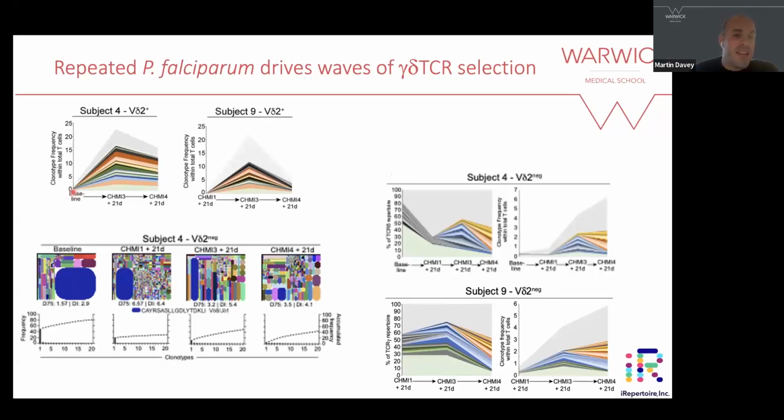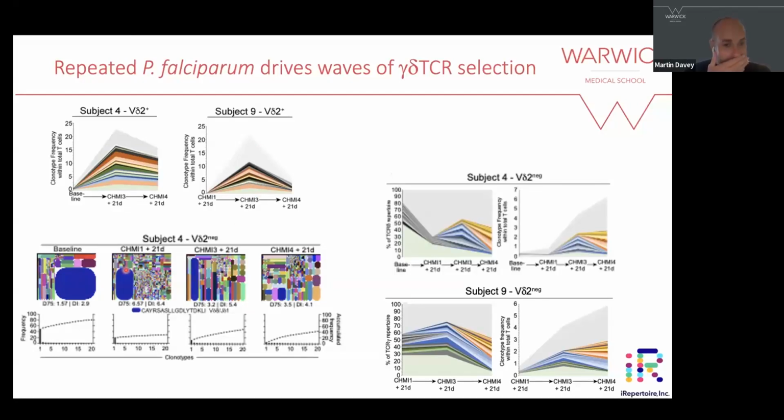And you can see actually as the frequency of these cells increases, so obviously they're increasing quite dramatically from less than 2% to almost 23% in this individual, the types of clonotypes that you can see within there don't change. They're the same ones. So it suggests polyclonal expansion of those cells, and likely to be driven by responses to this HMBPP and phosphoantigens. And this was repeated in multiple individuals to varying extents.